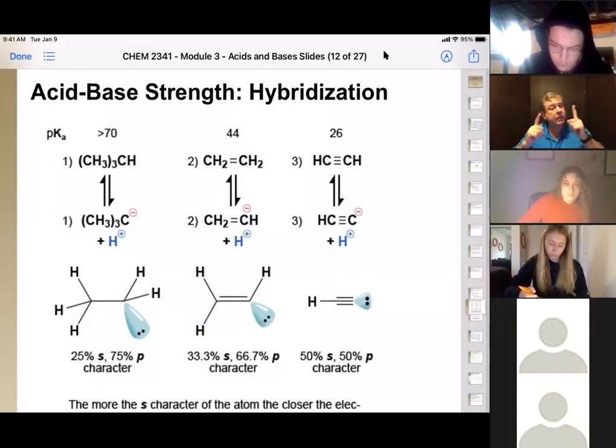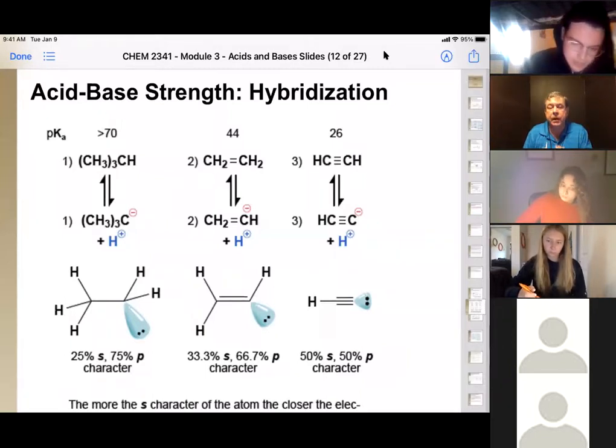Okay, so let's look at an sp2. Okay, so we have a total of 3 equal orbitals. We have 1 s and 2 p's, and we're spreading that s out over those 3 orbitals. So that's about 33% s. So just by that argument there, the sp3 hybridized hydrogen should be less acidic than the sp2 hybridized hydrogen because of that less of an S character.